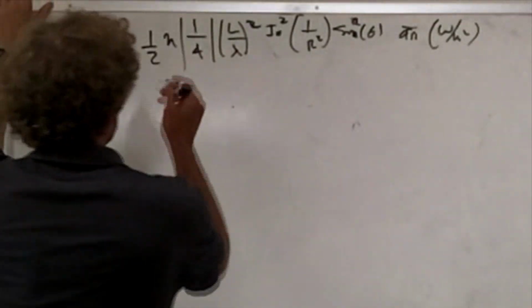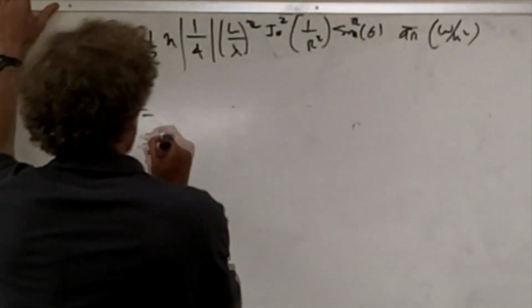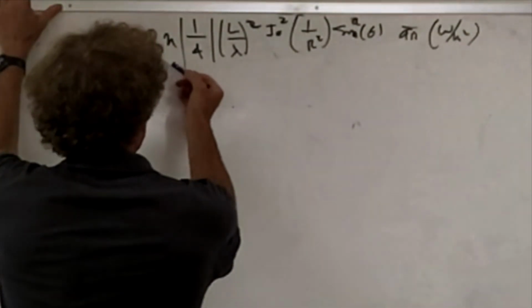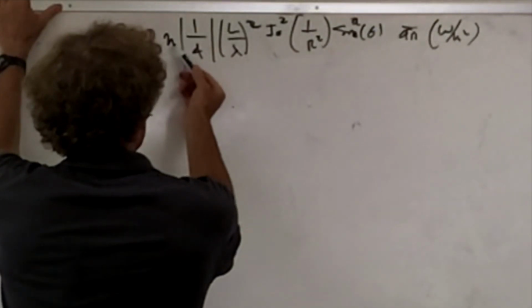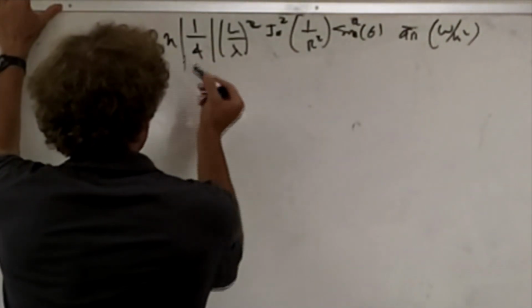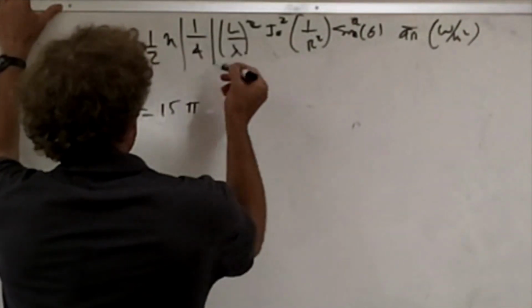You can replace eta by 120 pi. Let's say I got 120 pi by 2 is 60 pi. 60 pi by 4 is 15 pi. I'm trying to get rid of these terms.